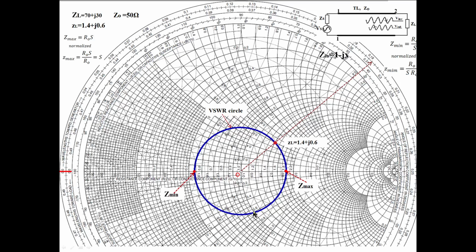So go on moving, and wherever your VSWR circle intersects the G is equal to 1 circle, you stop. At this position from the load point, the conductance value is 1, but there is also a susceptance value. We can read what the value of susceptance is at this position.